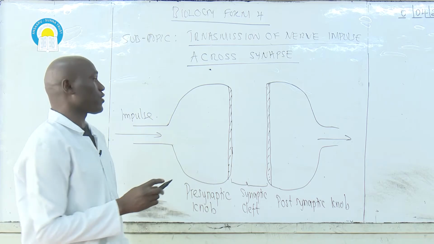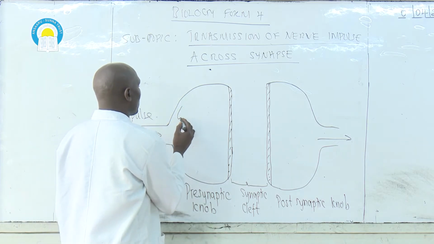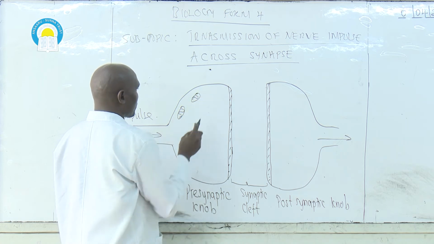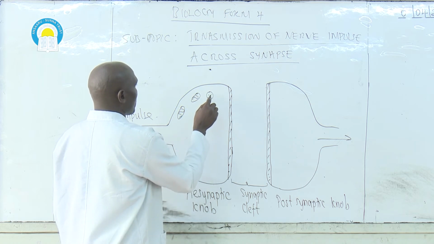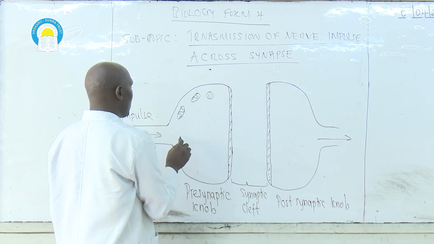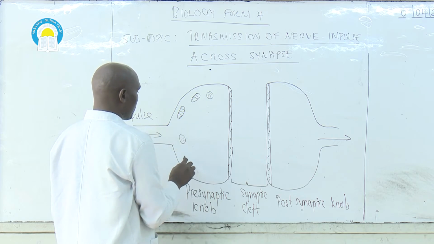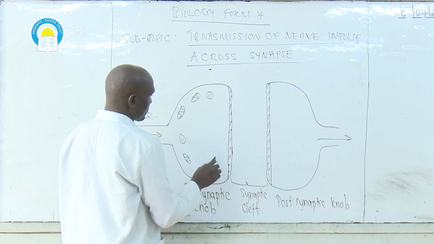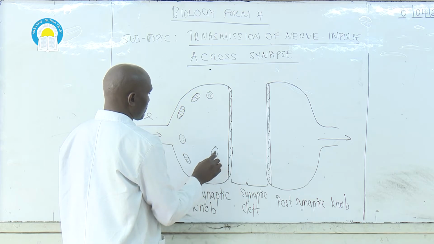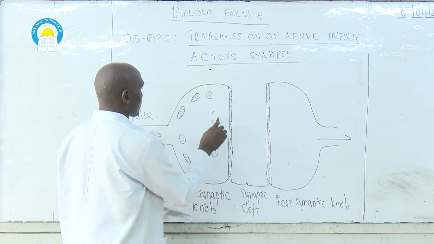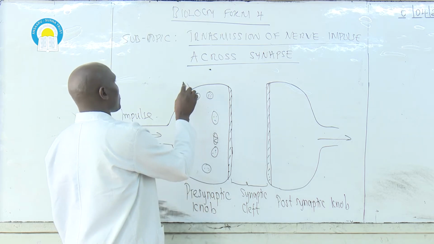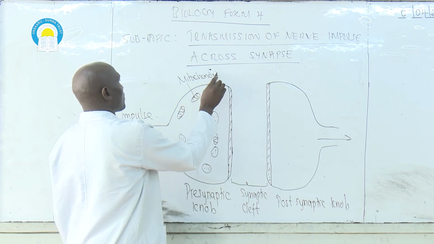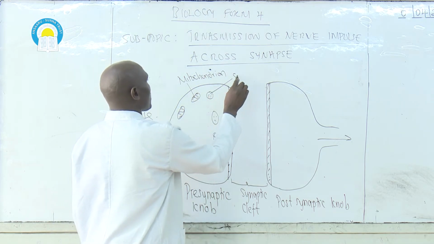Inside presynaptic knob, we do have mitochondria, as well as some circular structures known as synaptic vesicles. So mitochondrion, synaptic vesicle.